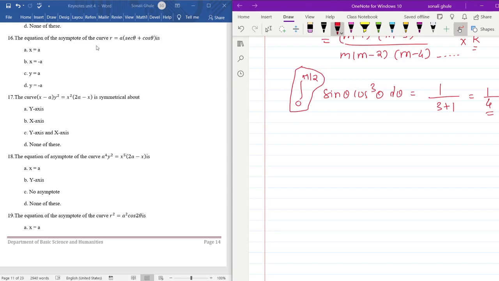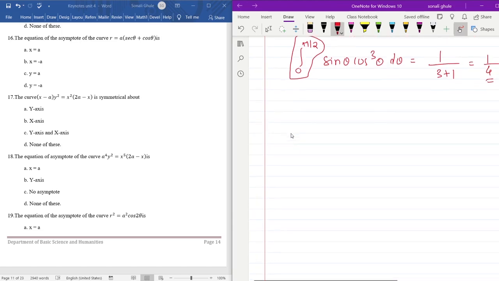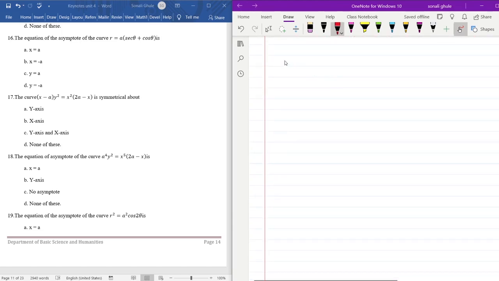The equation of asymptote of the curve. Now this curve is in polar form and we are supposed to find the asymptote. So we find the asymptote in Cartesian form. First of all, let's write the equation for the curve: sec theta plus cos theta.